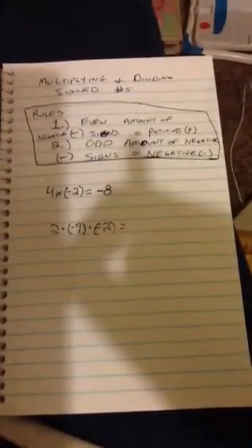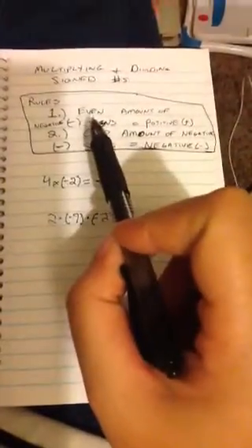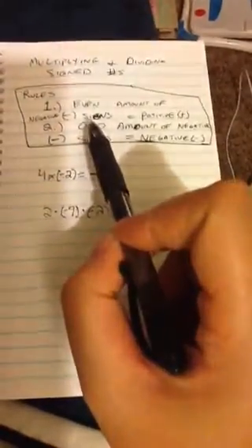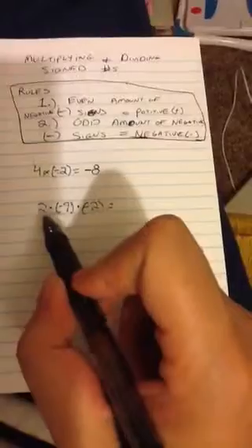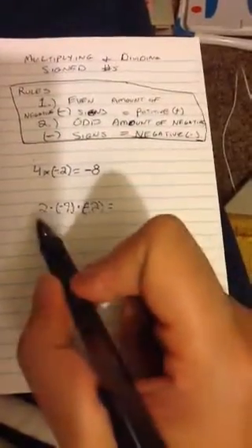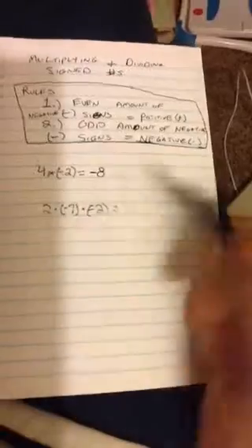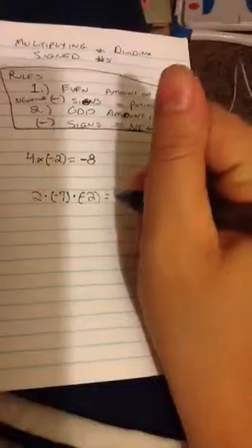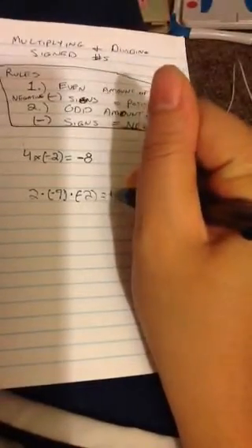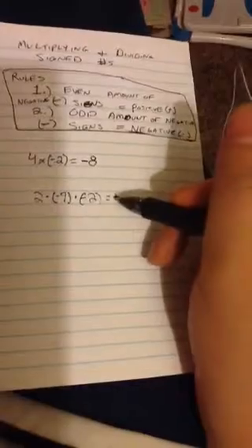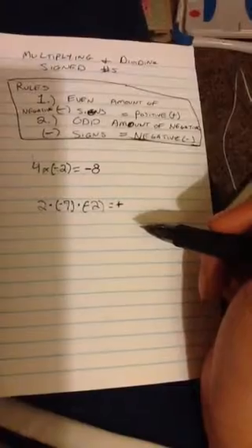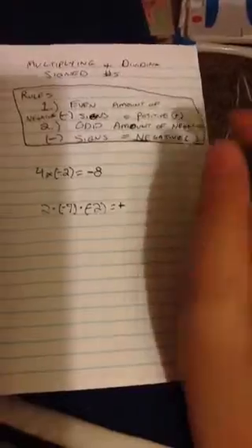Okay, awesome. So if we look back up at our rules, we see that rule number one says if there's an even amount of negative signs, then it's going to be a positive answer. So if we go back to our equation, oh, look at that, 2 is an even number, there are 2 negative signs, so we know that this is going to be a positive answer. I'm going to go ahead and write my positive sign for the answer, and then we just multiply like normal from left to right, because that's what order of operations tells us to do.